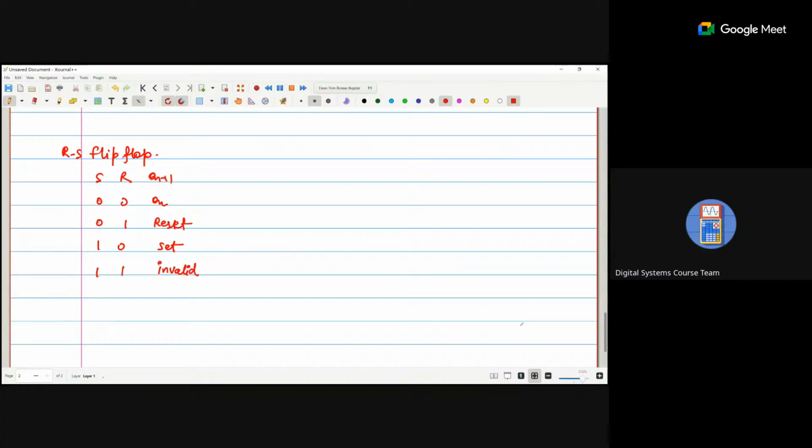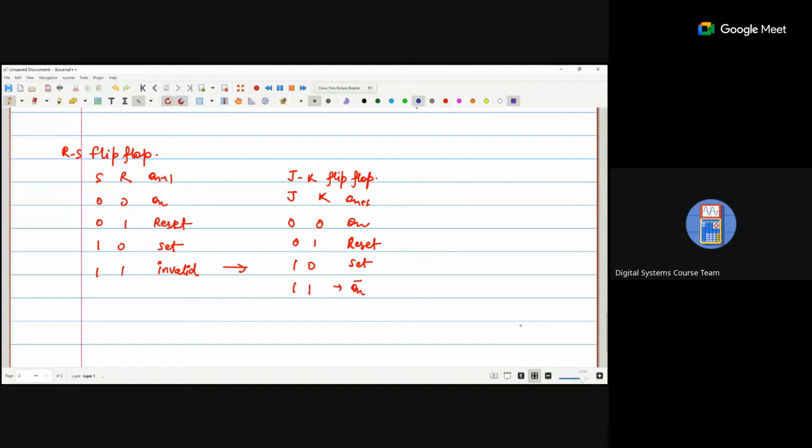To avoid this invalid condition, we go to the JK flip flop. The truth table for JK, Qn plus 1: 00, Qn; 01, reset; 10, set; and 11, Qn bar.